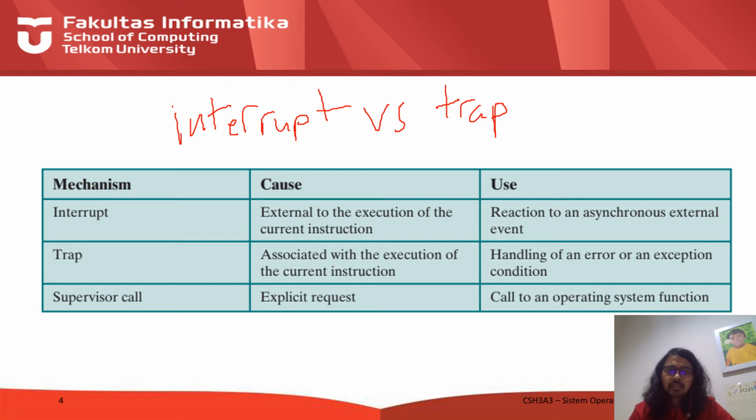Interrupt is an interruption caused by an external event, whereas trap is an interruption caused by an internal event. So if the event is internal and it causes the process switch, then it is called a trap. And then there is one more, called supervisor call. We have examples for interrupt and trap.